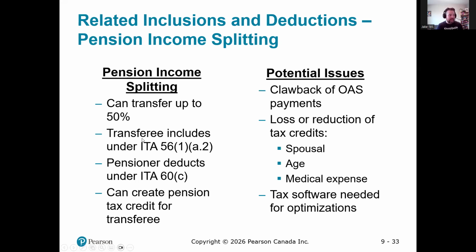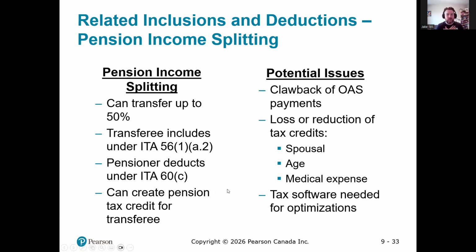When we split the income, the person who receives the money is called the transferee. They are going to add to their tax return every dollar that I subtract from the pensioner's deduction. So if the pension split is $20,000, my income goes down 20, their income goes up 20. Every dollar that comes down, their income must go up, but this creates additional opportunities.